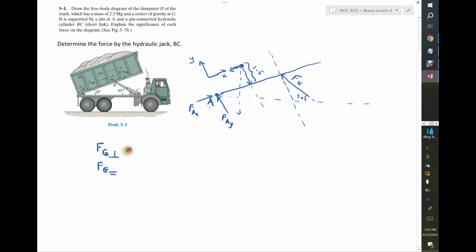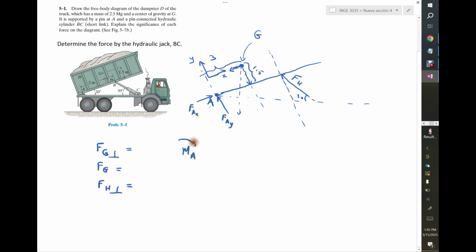We also need the hydraulic force, but we want that to be perpendicular to this line too. Those are my three variables that need to be defined, because when you define those, you can easily take the moment at A as follows.